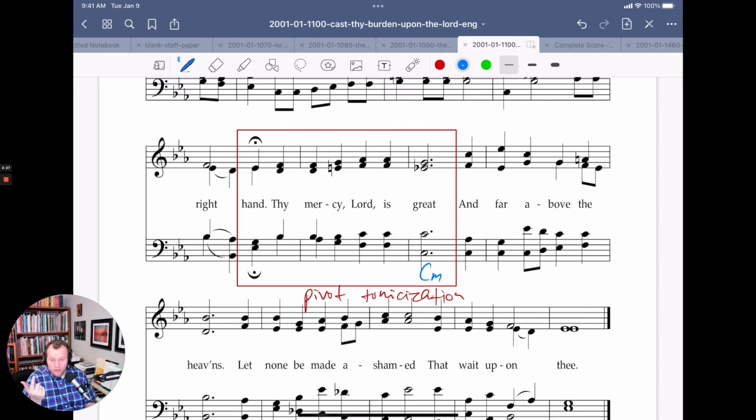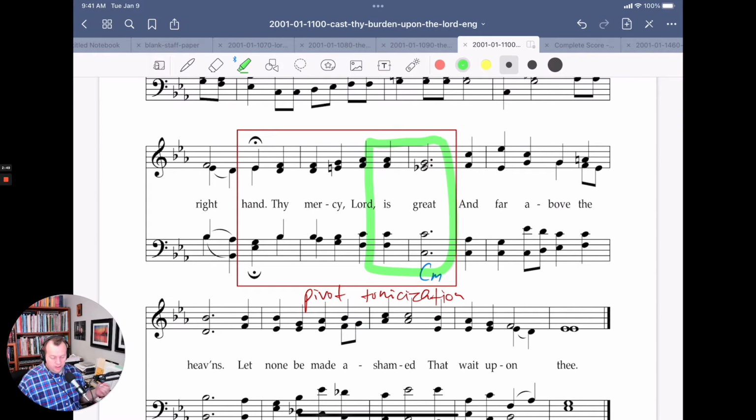And we know that it arrives because we have a cadence, like musical punctuation. We feel the ending. We've arrived at C minor. Okay, so how did he get to C minor from E flat major?